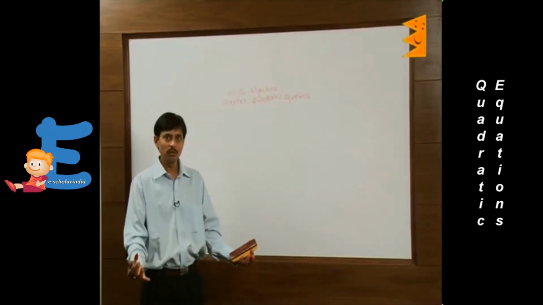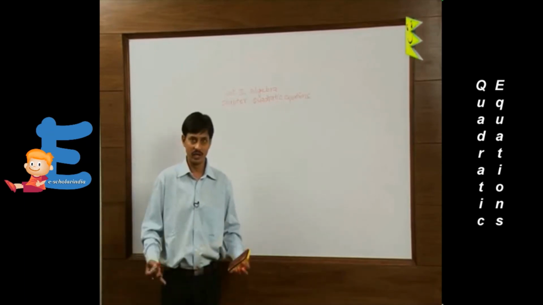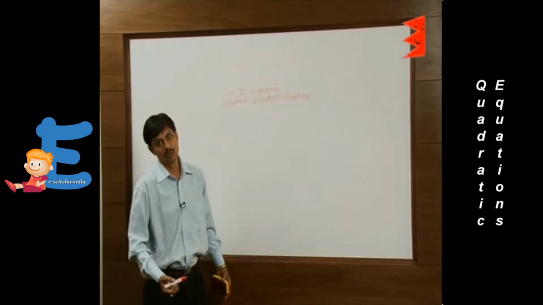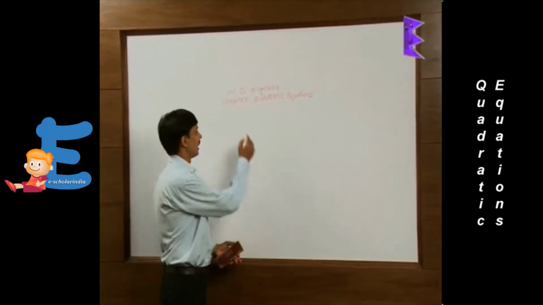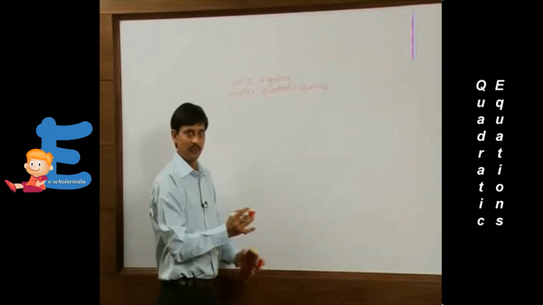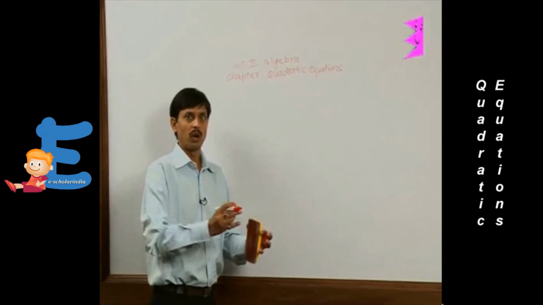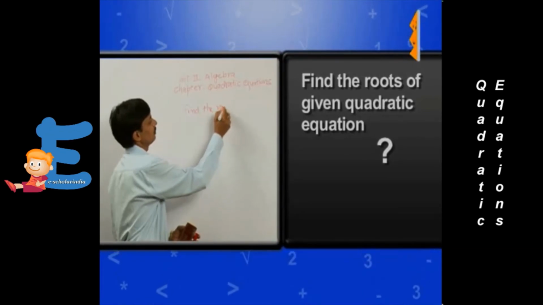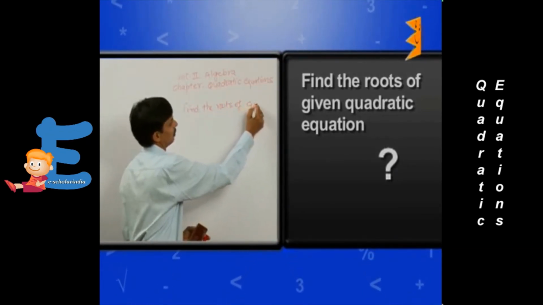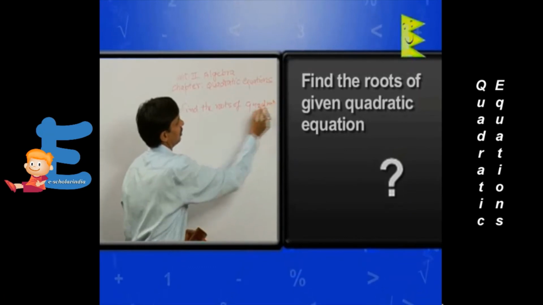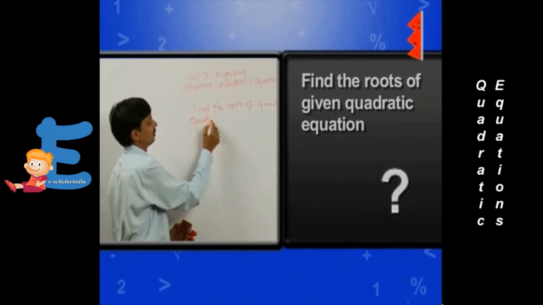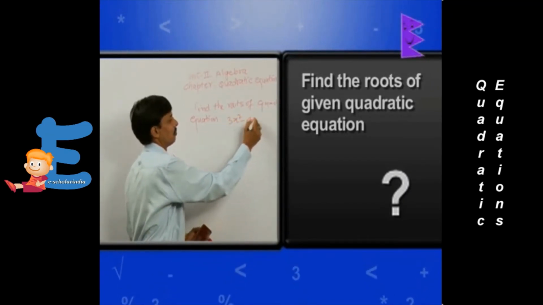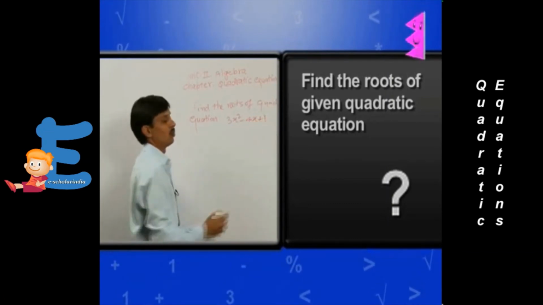Suppose we solve the roots of any quadratic equation with the help of the quadratic formula, that is, how directly we will use it. If I take an example, find the roots of the quadratic equation 3x square minus 4x plus 1.